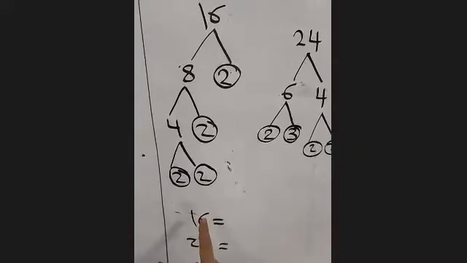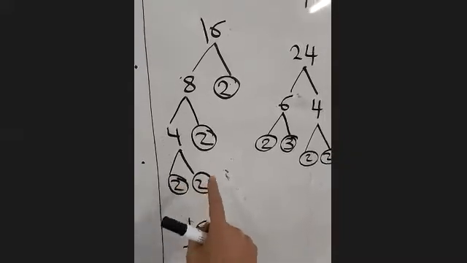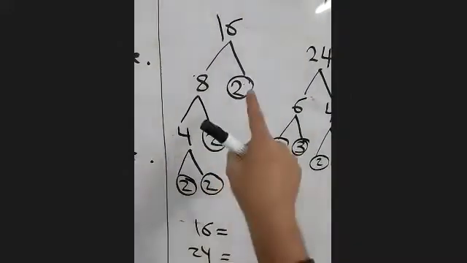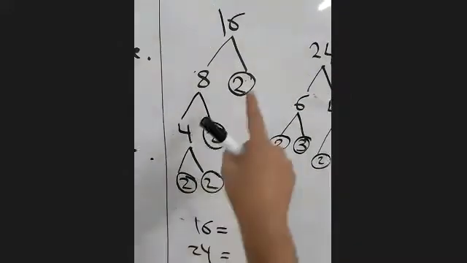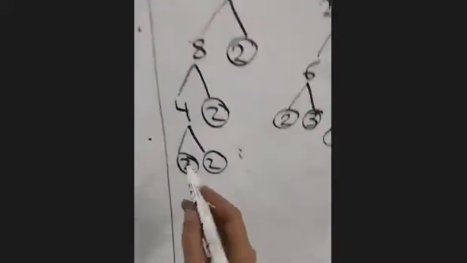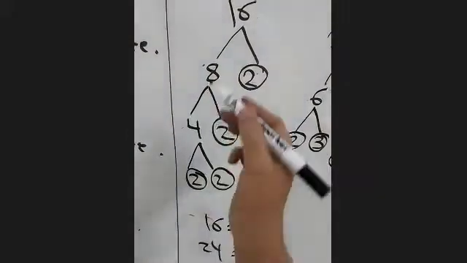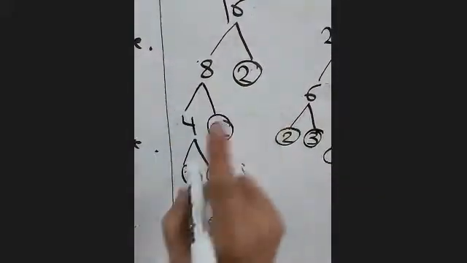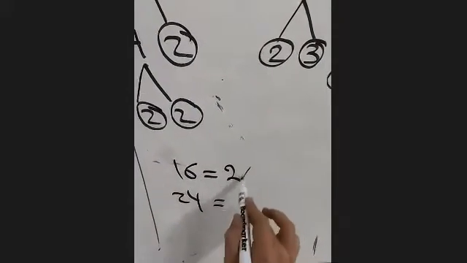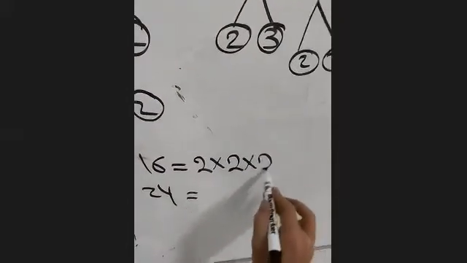The 16 is equal to the multiplication of the circled numbers. So the numbers with circles only. Do not put 8 and 4. No. The numbers with circles only. So it is 2 multiply 2 multiply 2 multiply 2.